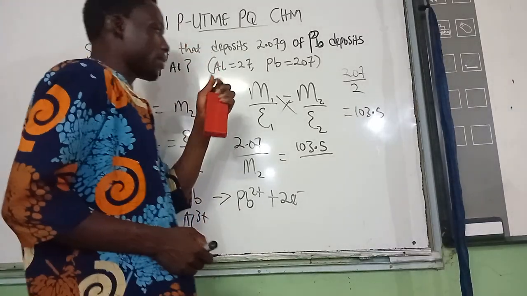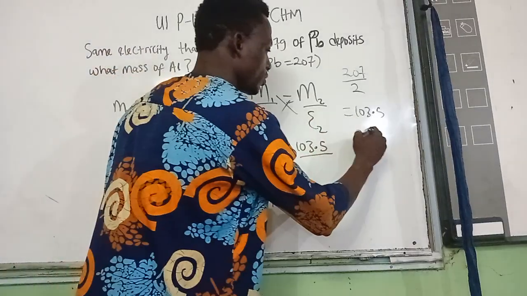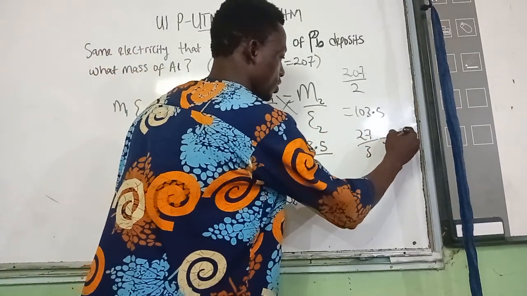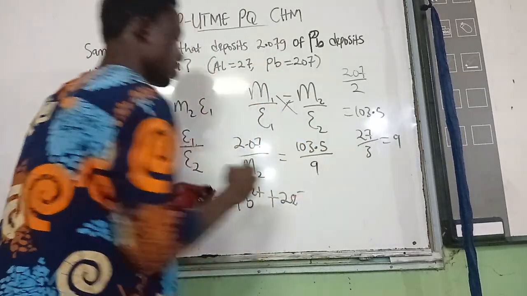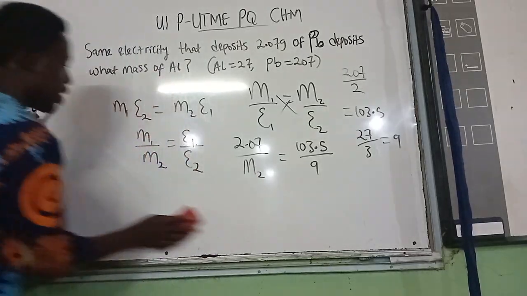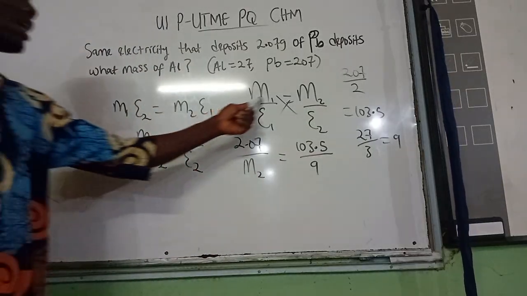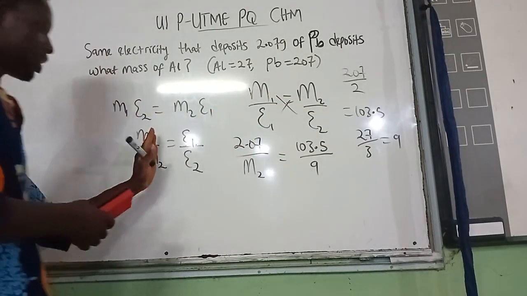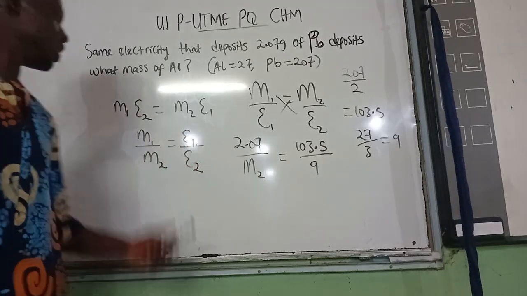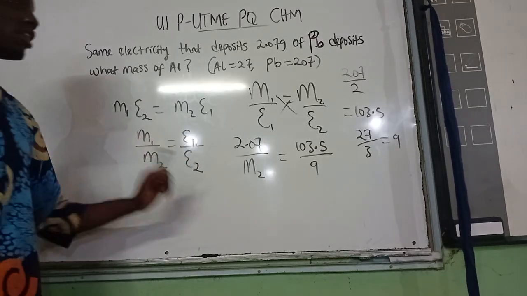The atomic mass of aluminium given to us is 27, divided by 3, and that's 9. So our M1 over M2 equals E1 over E2.